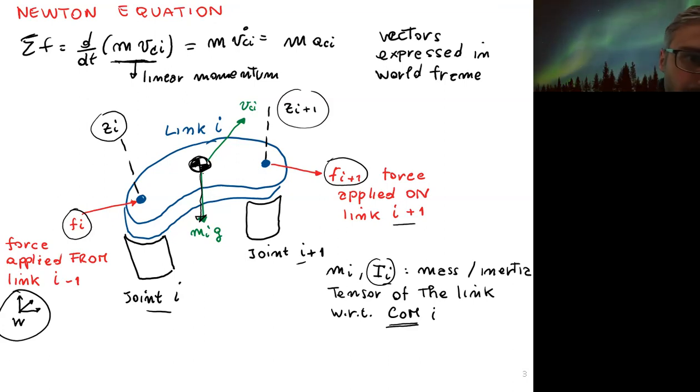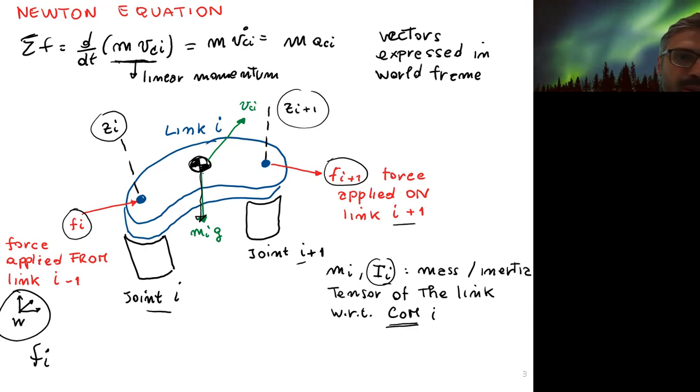Okay, then if we write this expression that we wrote, we have Fi coming from the previous link. Then we have the principle of action-reaction, you remember.